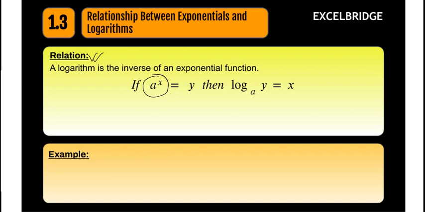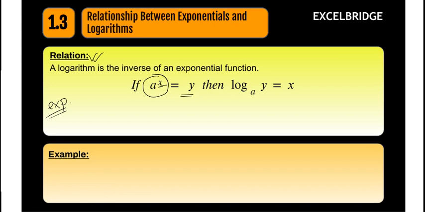That means an exponential tells you what number you get when you raise a base to a power.